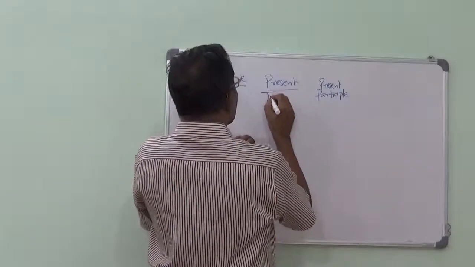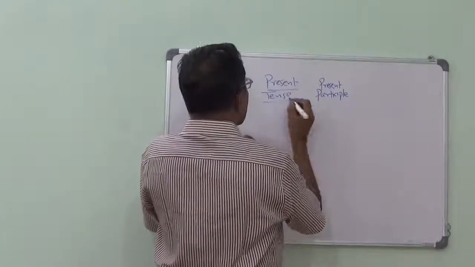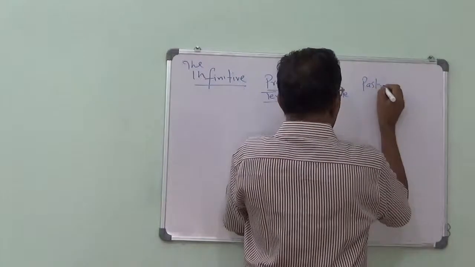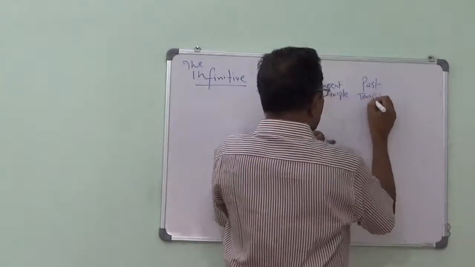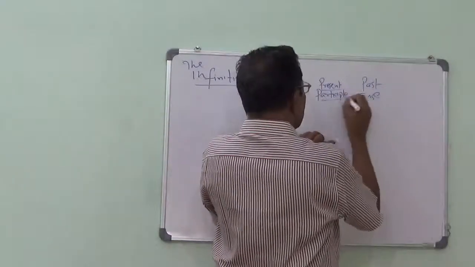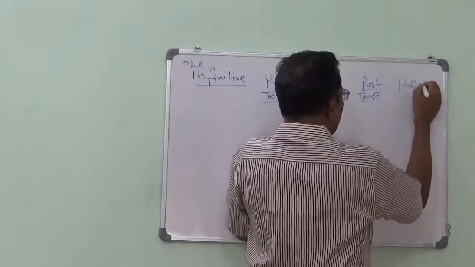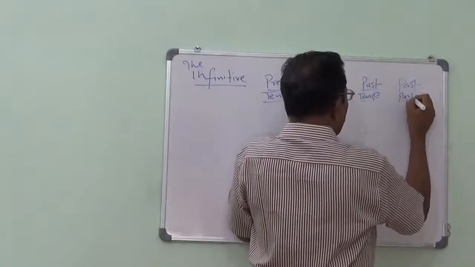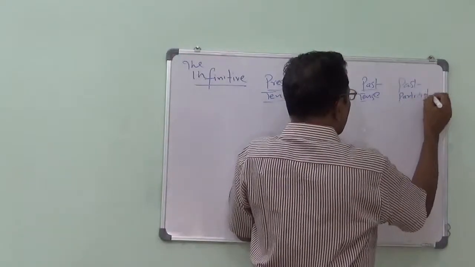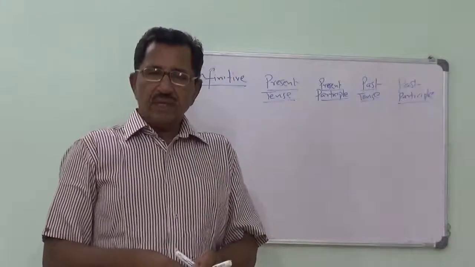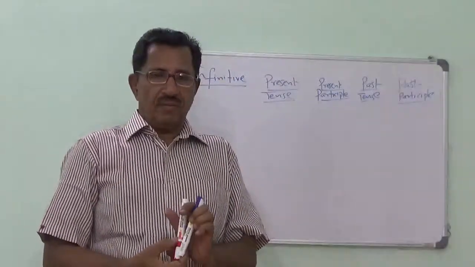Present tense, so that it becomes clear. Present tense. Then present participle. Then past tense, and then past participle. So these are the 5 different forms of a main verb.